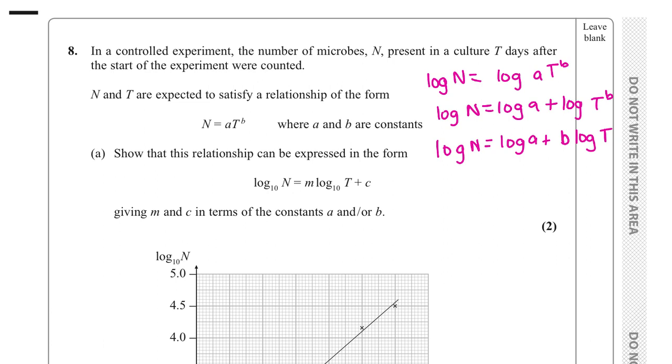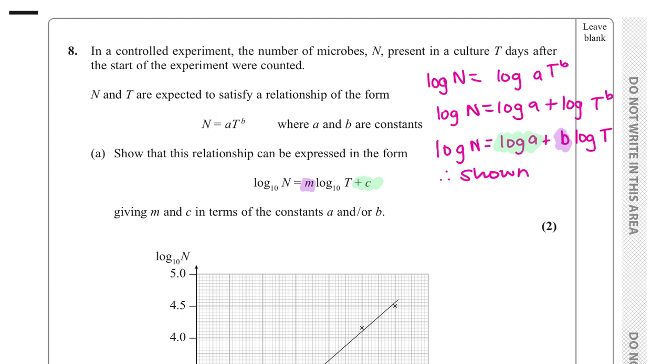Okay, and then you can put therefore shown. Now by this we can clearly see that we've got the log T. So this means, and we will need this further down in the question, our plus c is our log A, and our m, which is our gradient, is our B here.